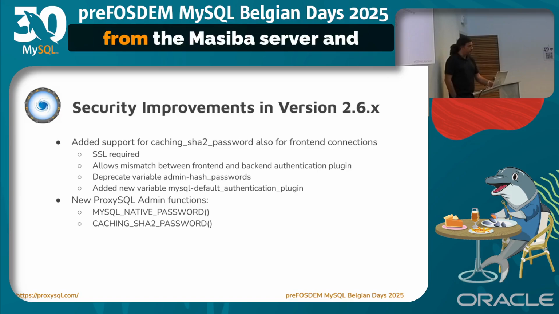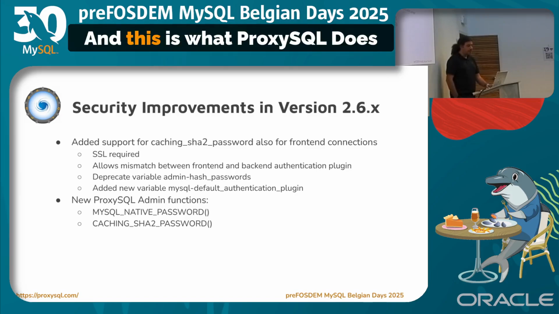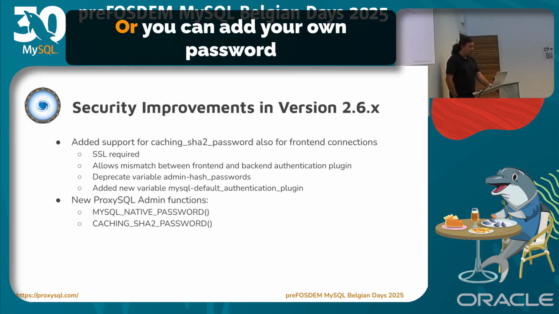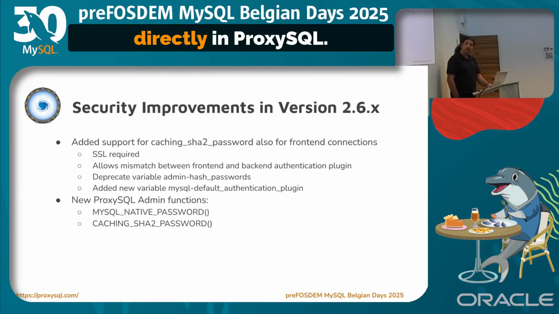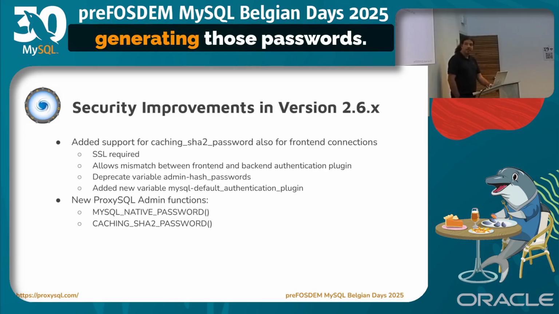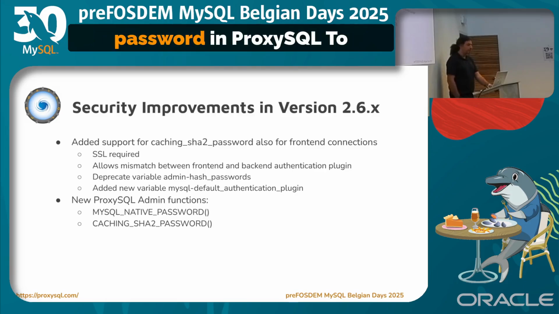You either take the password from the MySQL server and put it in ProxySQL, which is what ProxySQL does in bootstrap mode when you get this information from servers in group replication. Or you can add your own password directly in ProxySQL, and we also added two new functions used for generating those passwords. So you can use either MySQL native password or caching SHA-2 password in ProxySQL to generate passwords.